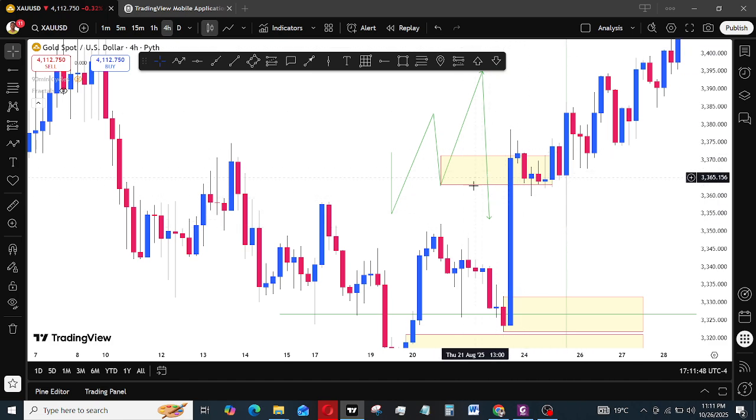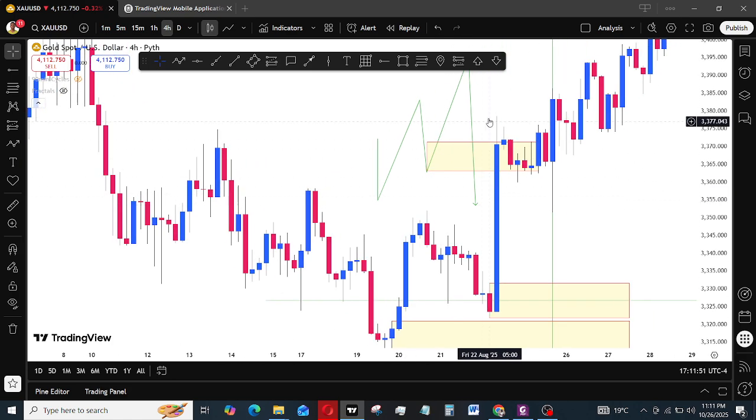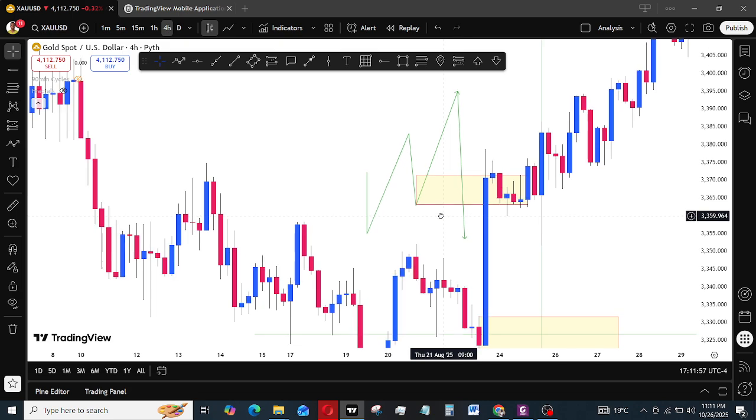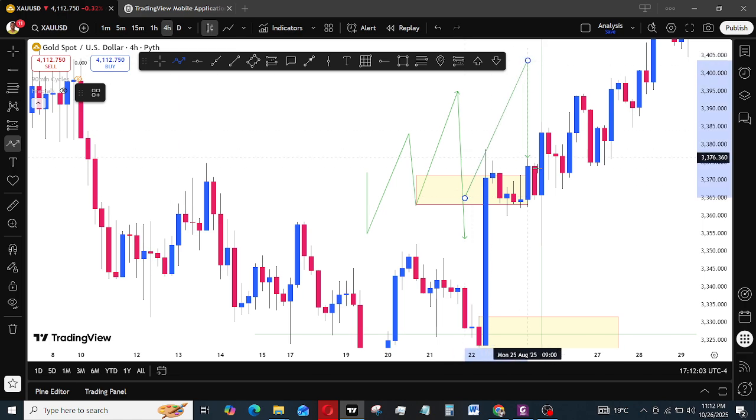So which one is more likely to hold price so that price continues to move in the same direction?